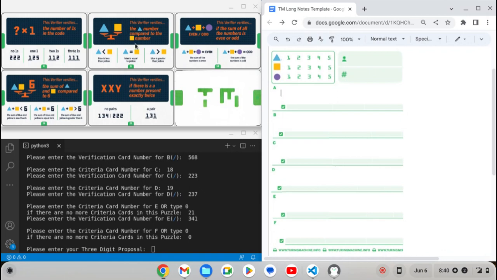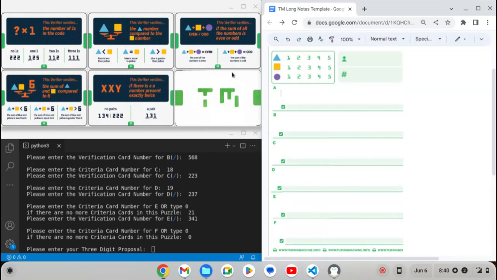Criteria card B looks at the first 2 digits, triangle and square, and compares them. Should the triangle value be less than square? Should they be equal? Or should the triangle value be greater than square? Criteria card C will take each of the 3 digits, triangle, square, and circle, add them together, and will let us know whether the sum should be an even quantity or an odd quantity.